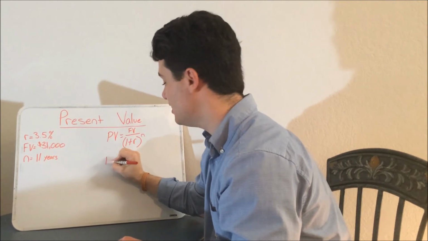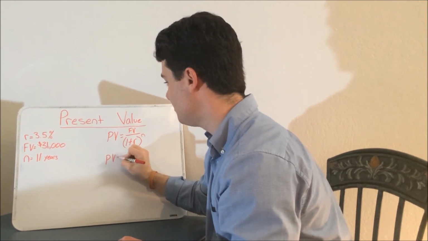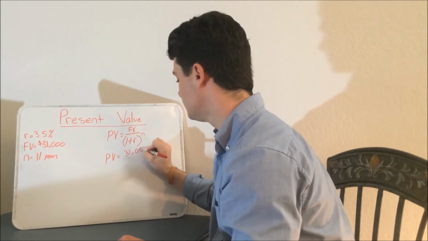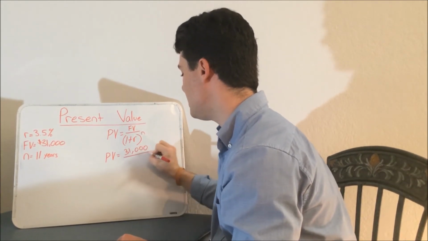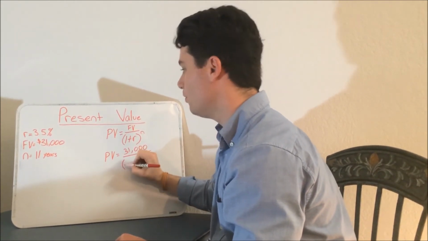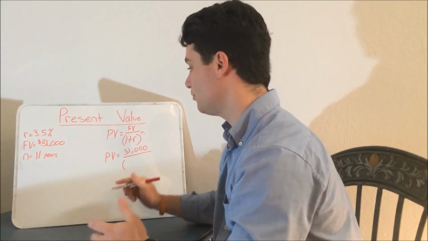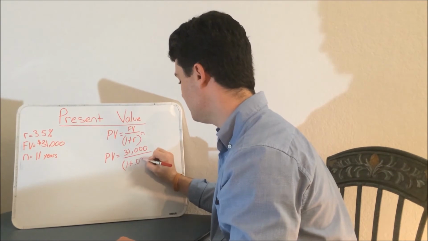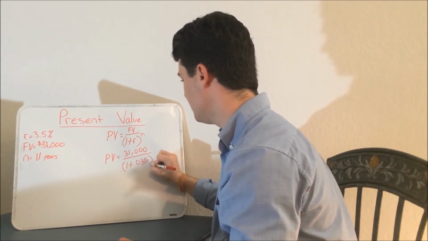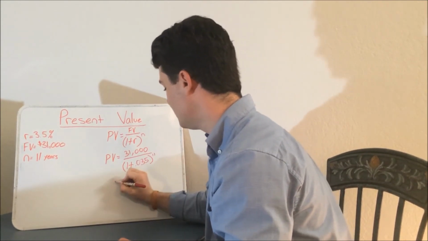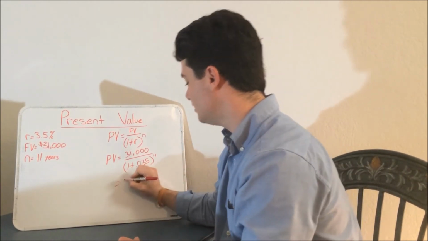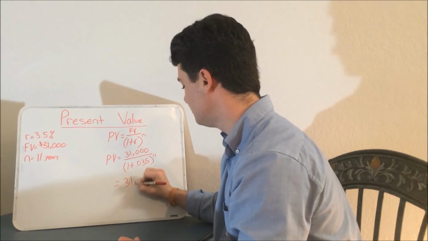And now we just plug in the numbers. Present value equals 31,000 divided by 1 plus our r, which is 3.5%. 1 plus 0.035. Raise that to the 11th. And now we solve. So the numerator is 31,000.